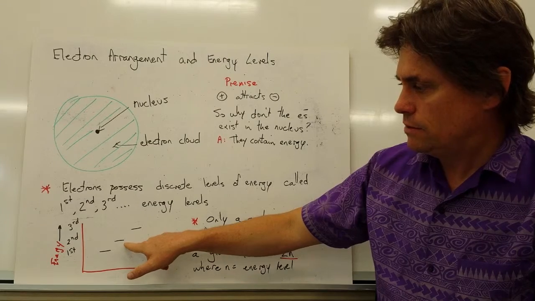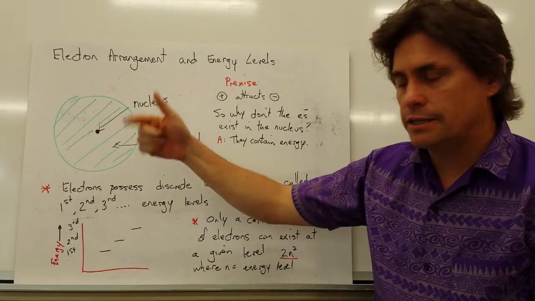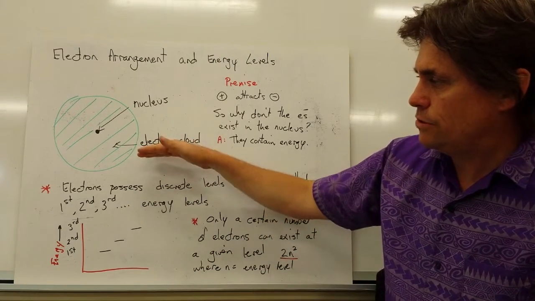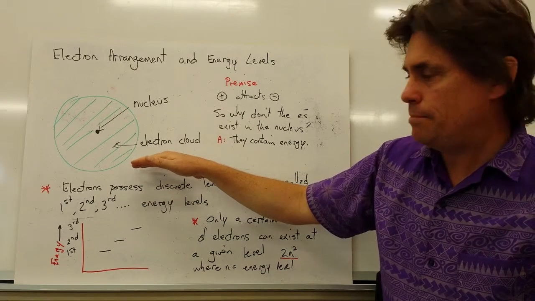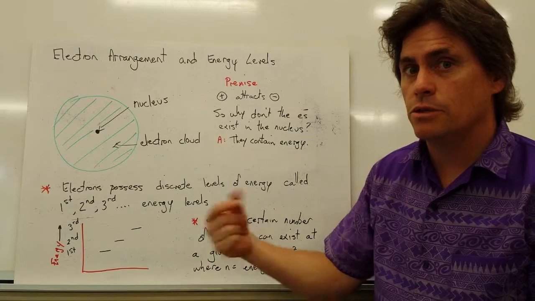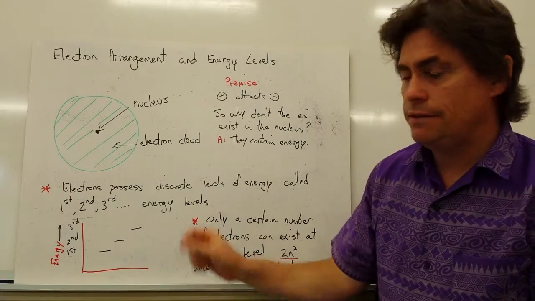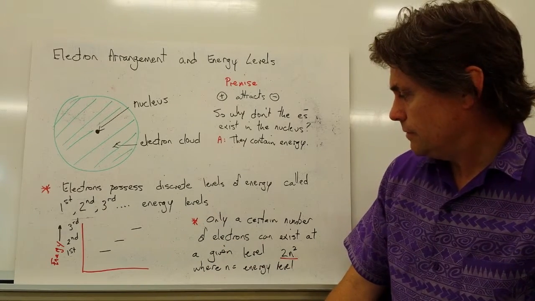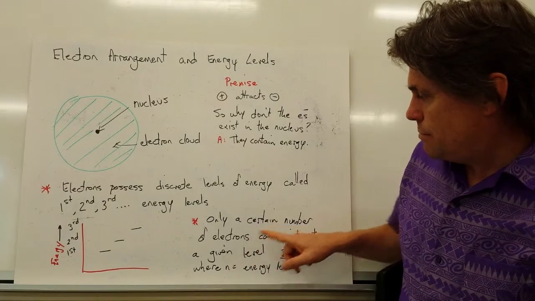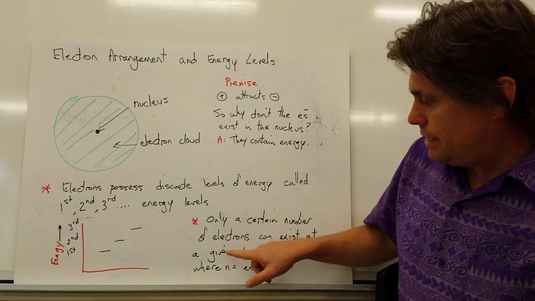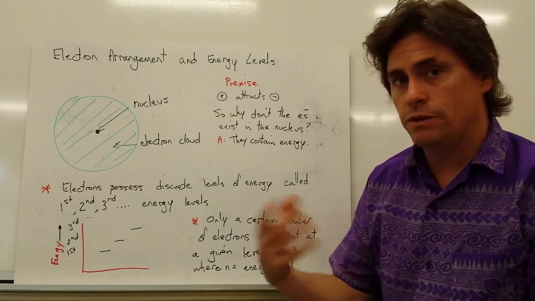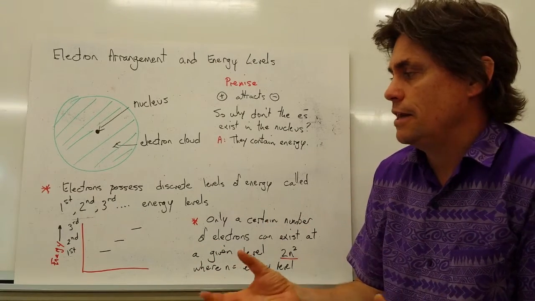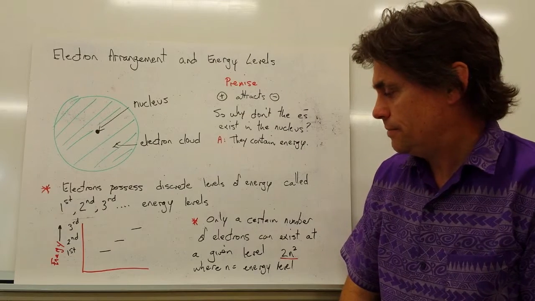The second level would have the next highest, and so on, until we get out to an infinite number of levels, and that would contain the most energy and possibly enough energy to leave the atom. Only a certain number of electrons can exist in a given level. Otherwise it becomes too filled with negative charge, they repel each other, and the atom could break down.